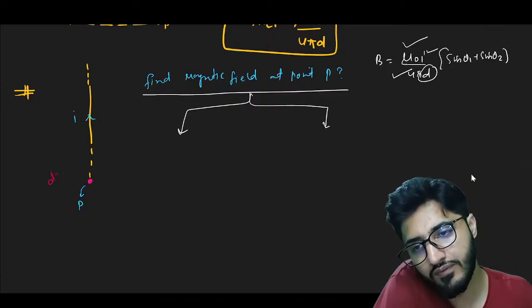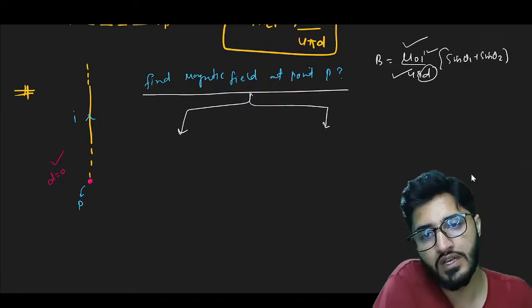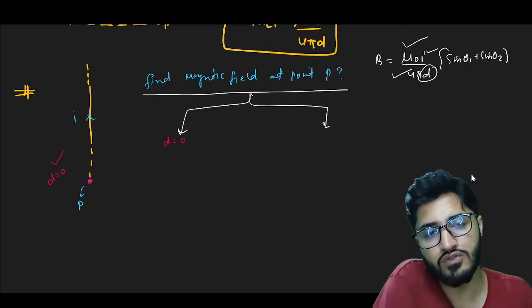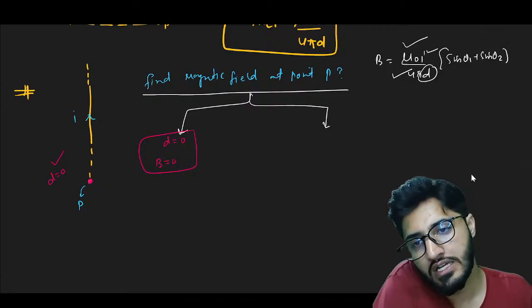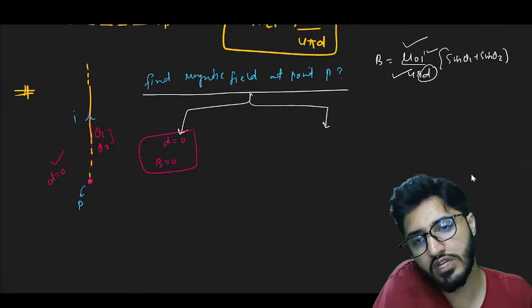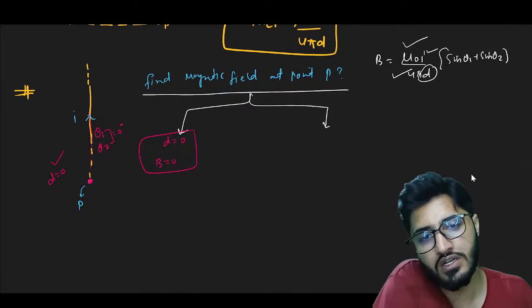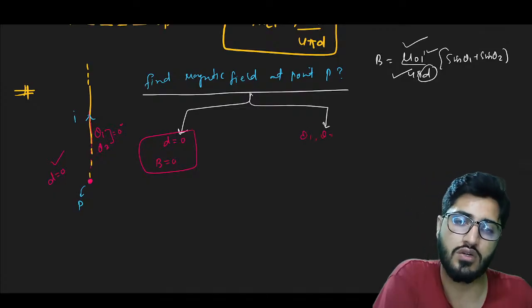So my d is 0. If d is 0, so my B is 0. That is one way. Second way, this particular point lies on this line, that means theta 1 and theta 2 both equal 0. If theta 1 and theta 2 both equal 0, then B came out to be 0.